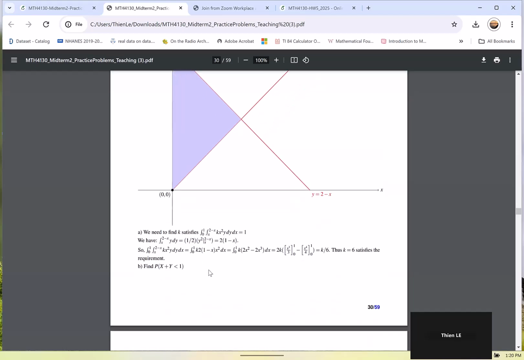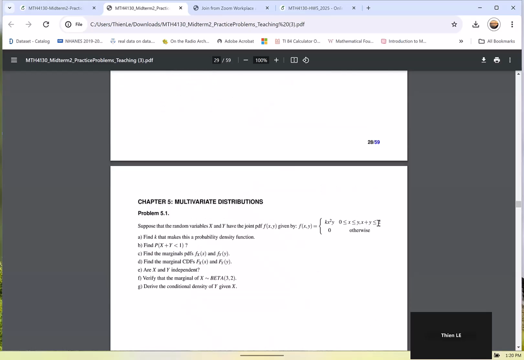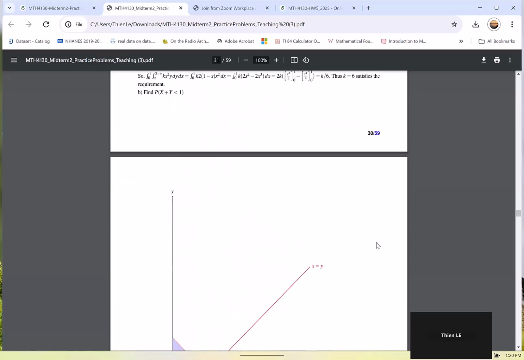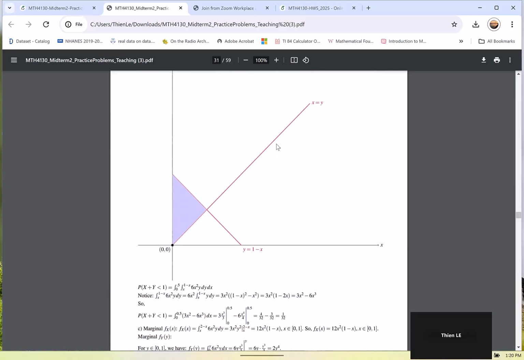Then find the probability x plus y less than 1. Now the constraint is even more stringent. The support previously said x plus y less than or equal to 2, but now you shrink it down, so your support domain will be this fashion. You can easily find the intersection of the two lines: x equals 1 minus x, so x equals half, which means y equals half.